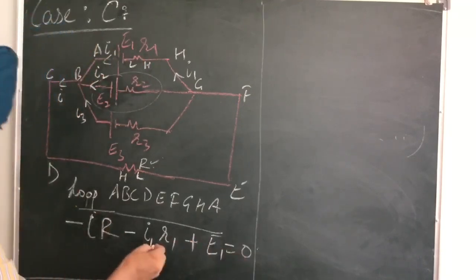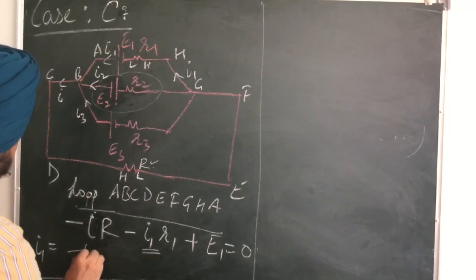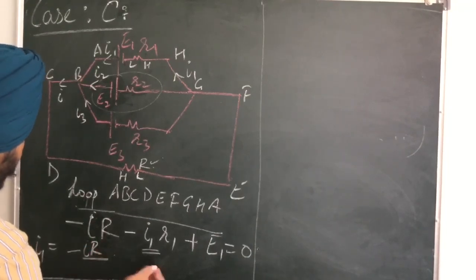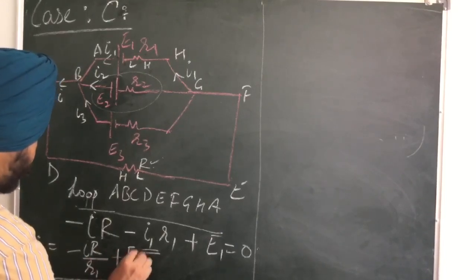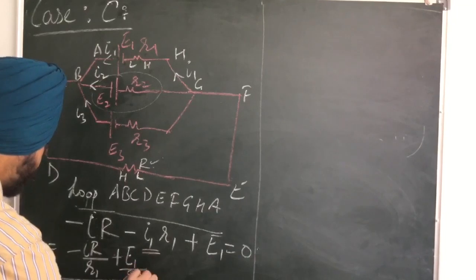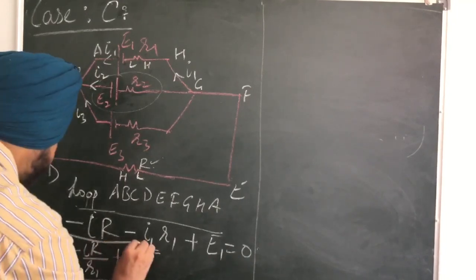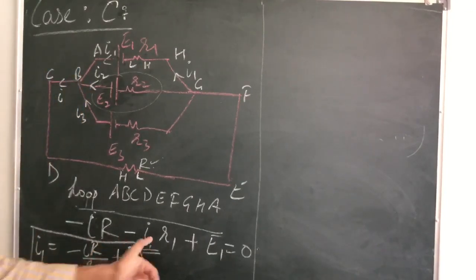Now from this equation we can calculate the value of I1, and this I1 would be equal to minus IR divided by R1 plus E1 divided by R1. So this is the formula that we will get for I1 current.